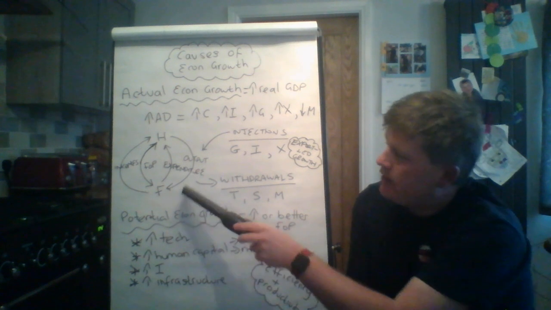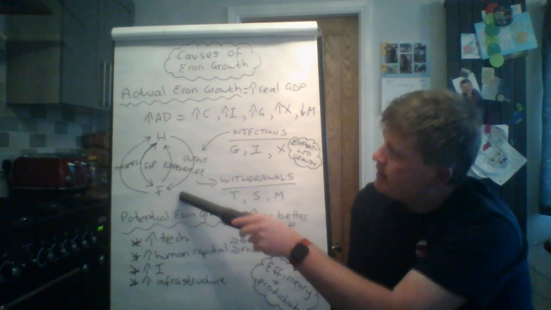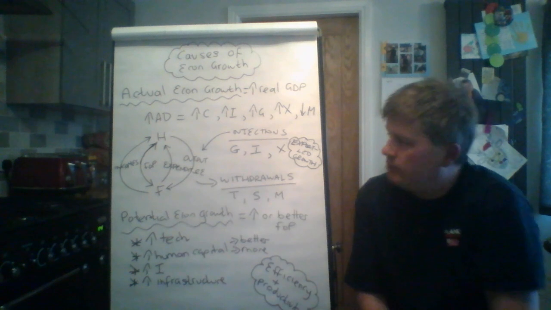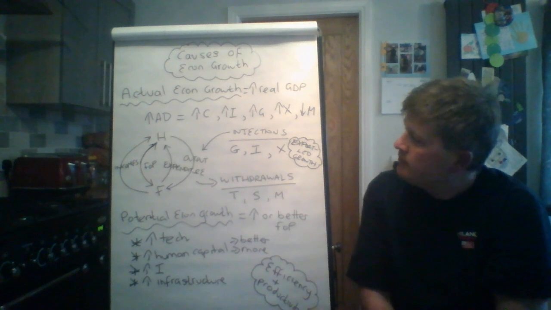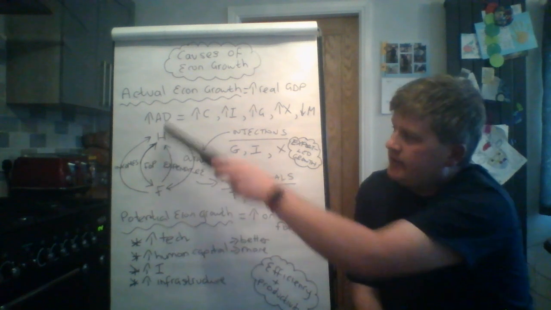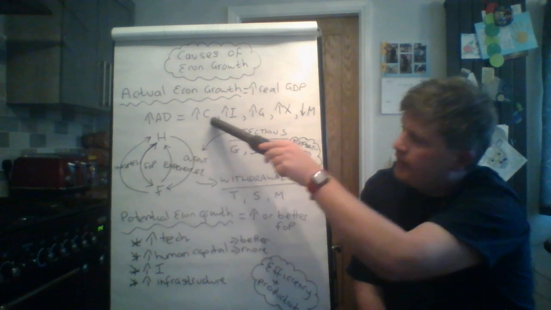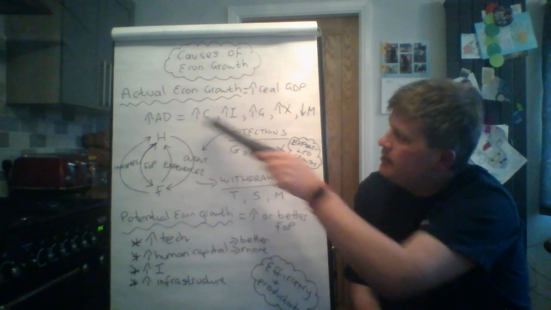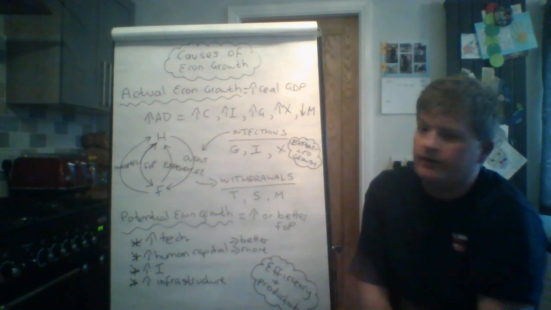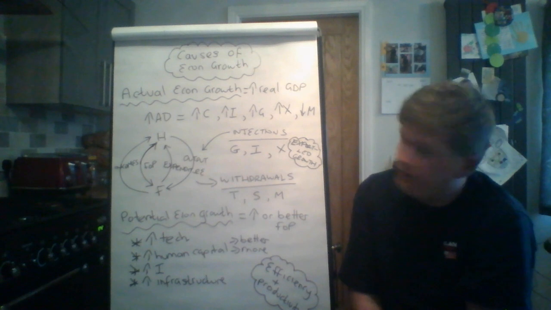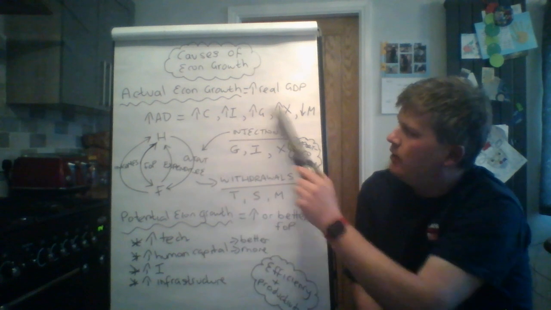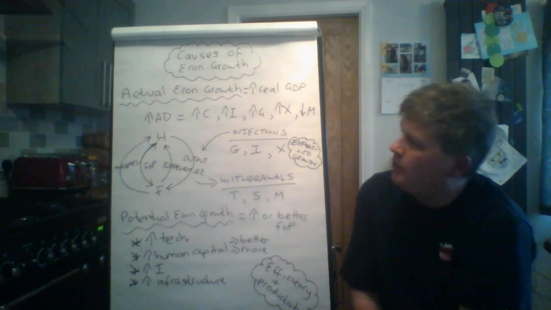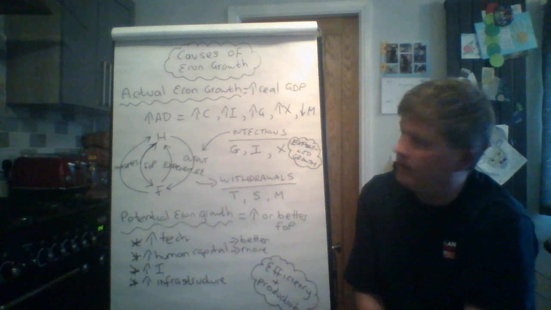Now, when the circular flow gets bigger, the economy is experiencing actual economic growth. Well, this could be caused by an increase in aggregate demand. Remember, you've got the formula for AD: C plus I plus G plus X minus M. So if we have a positive increase in C, I, G or X, then the economy will be experiencing actual economic growth.